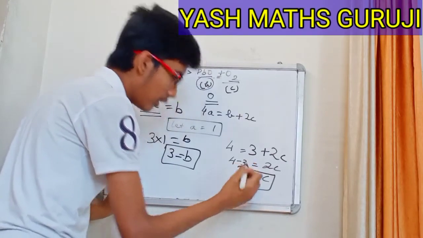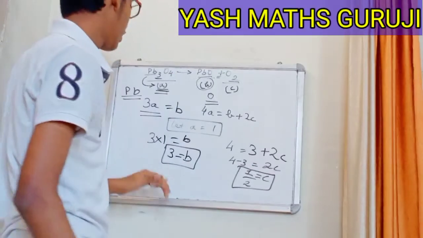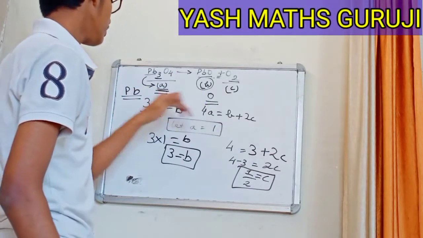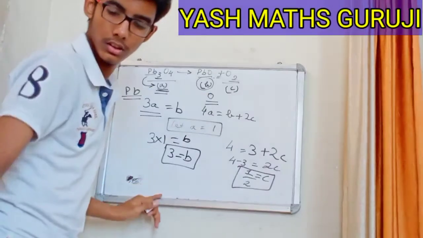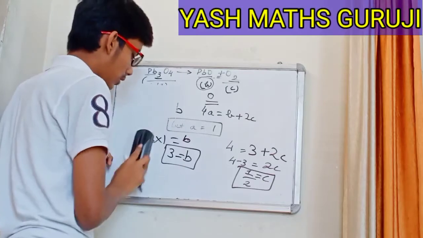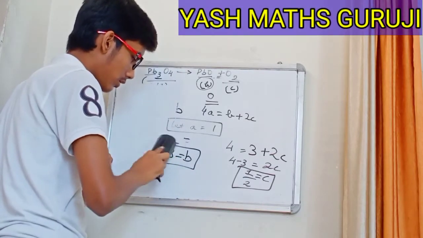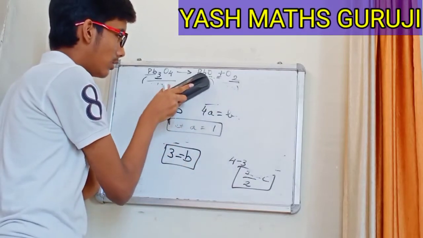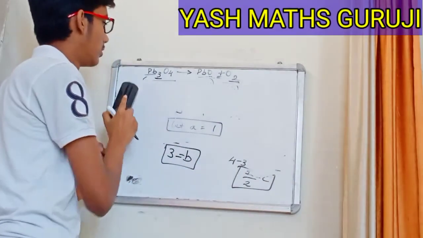So friends, let's put the values of A, B, C to their corresponding sides.